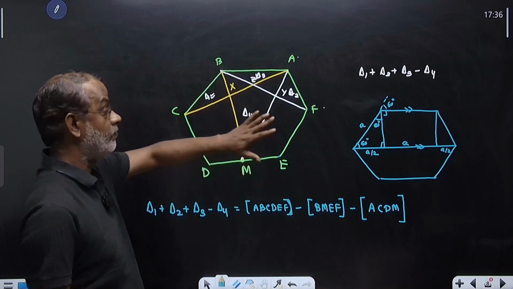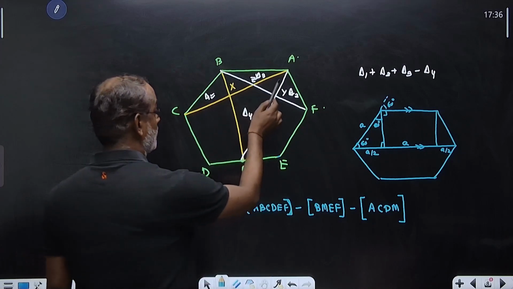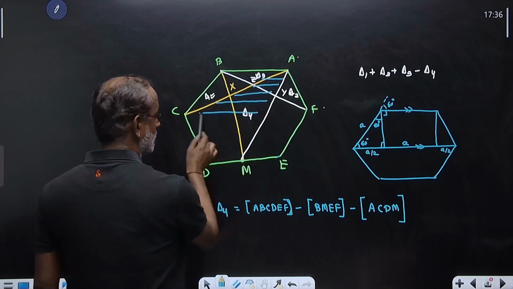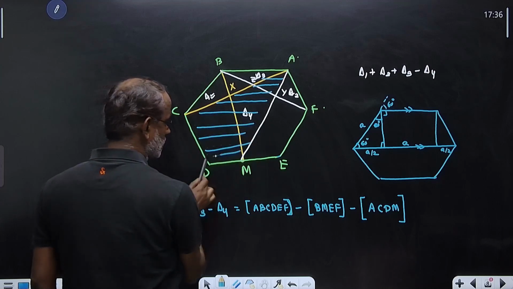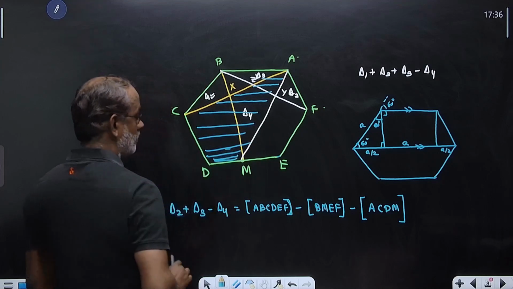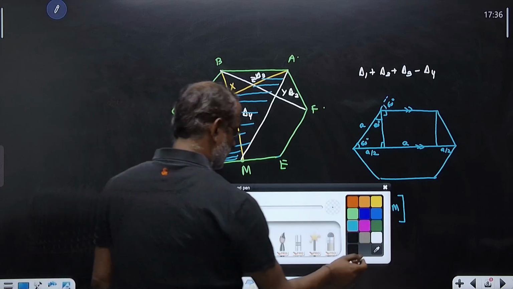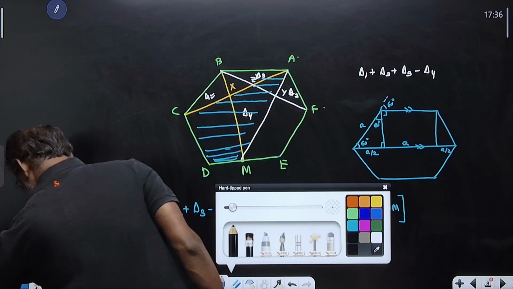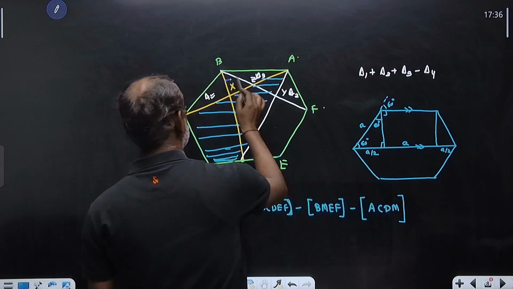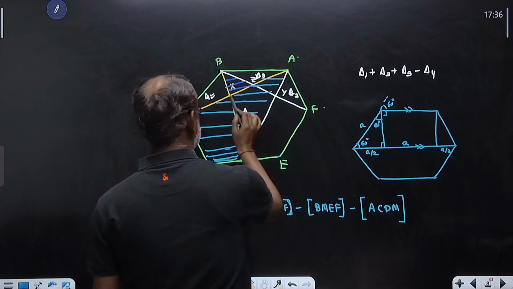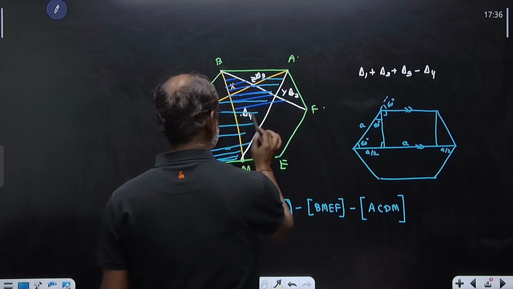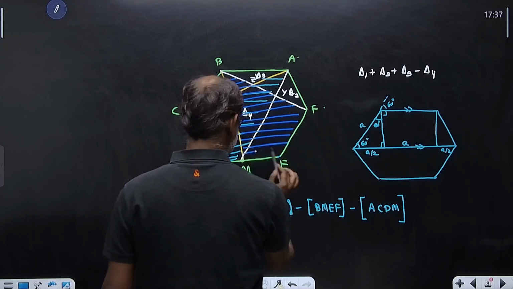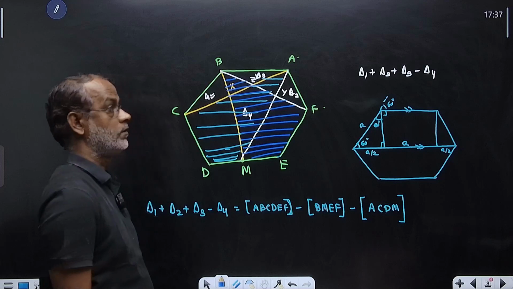Look at it very carefully. What I am subtracting is this. Further, I am subtracting this.